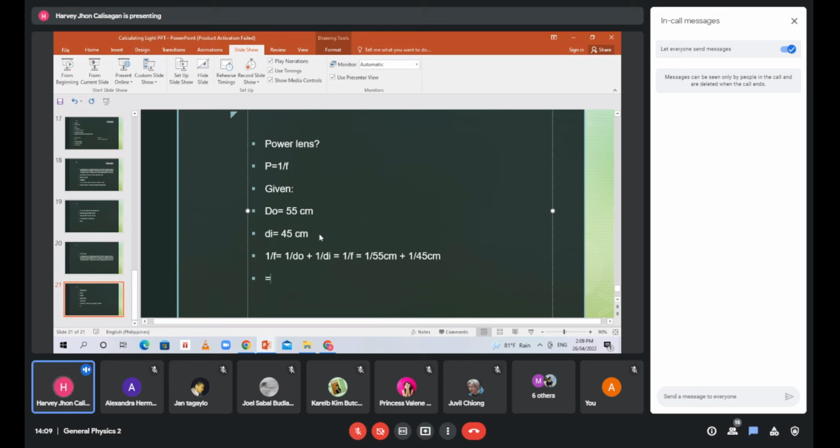It's the same formula that we use for mirrors and lenses. So we'll be looking for the common multiple of 55 and 45.